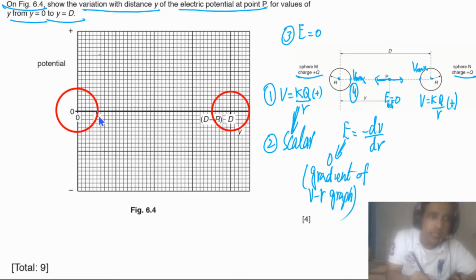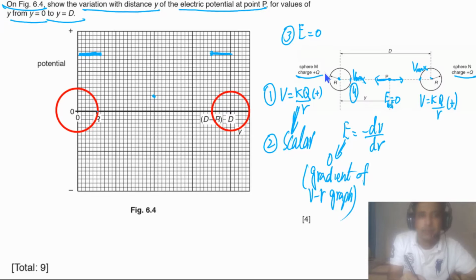The value of potential at this surface will be maximum, and the value of potential at this surface also has to be maximum, same magnitude. And halfway, the gradient has to be 0. Halfway means here. At this point the potential will not be 0, but the gradient has to be 0. So we can draw this line here. Potential inside has to be constant inside a metal sphere. Potential inside this one also has to be constant.